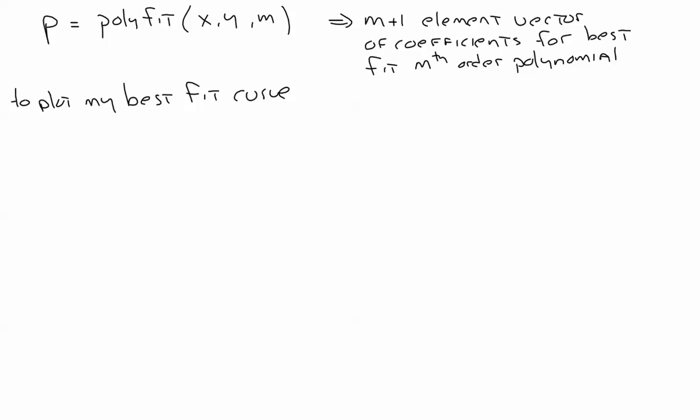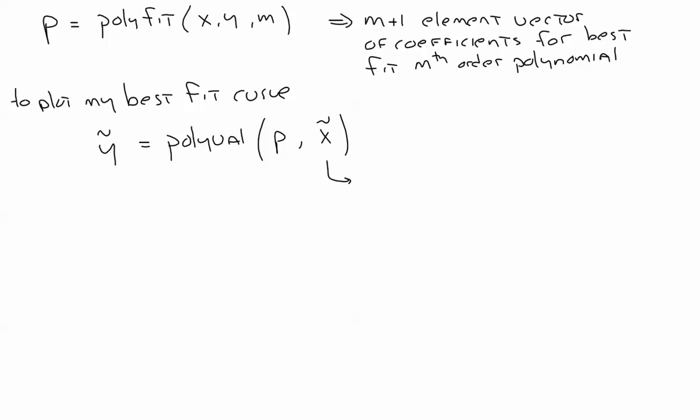To plot out my best fit curve, I'm going to use the polyval function: y tilde equals polyval(p, x tilde). Those tildes, I'm just trying to distinguish some x's and y's here.